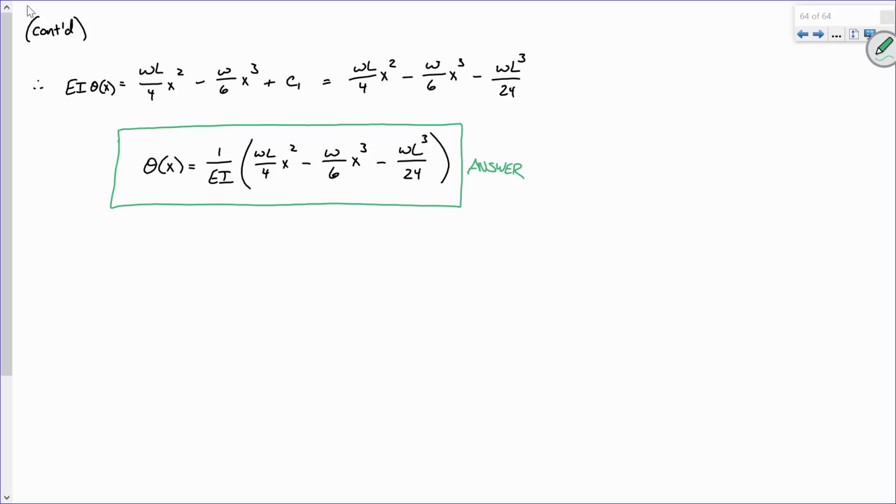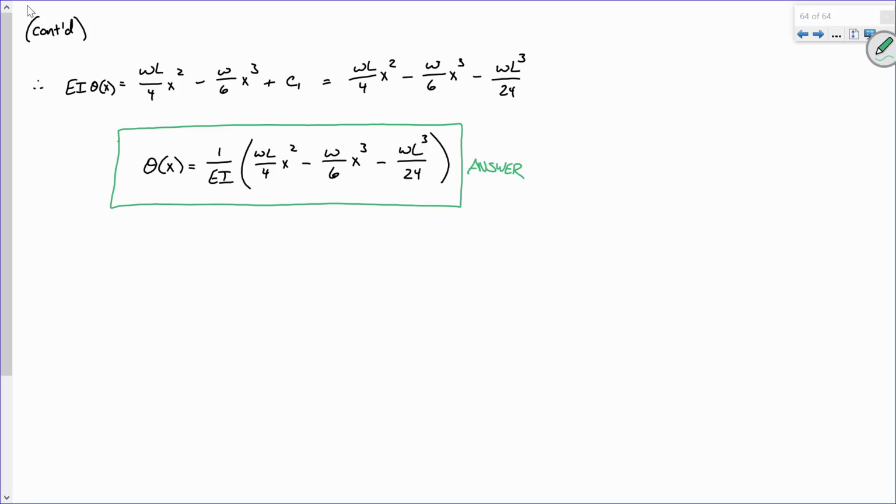I could factor out the W because each term has a W. Or I could factor out, I don't know, maybe like a 2 on the bottom or something, because I've got 4, 6, and 24. Maybe I can factor out a common fraction to make my life a little easier on the math. You could do that. But in the end, that's your answer. Does that make sense? So this tells me what the slope of the beam is across the length. And we're going to look at that here in a second to make sure this makes sense.